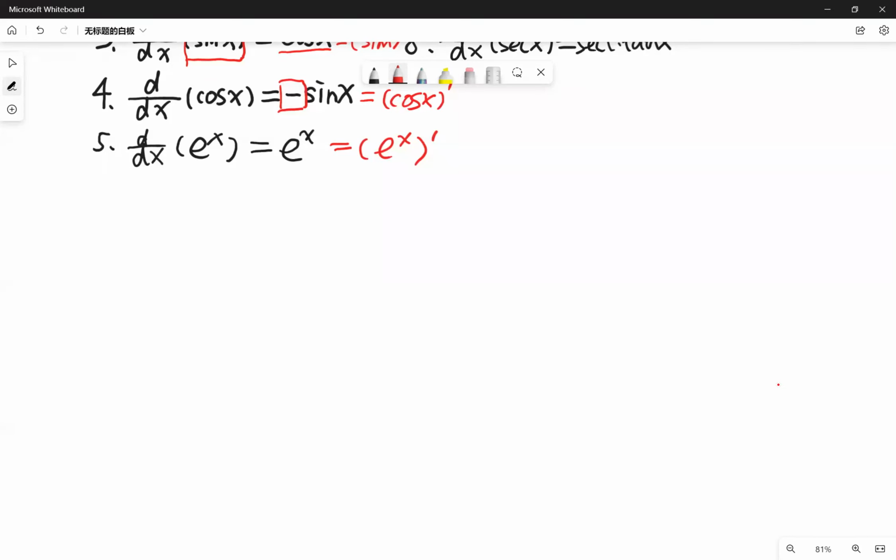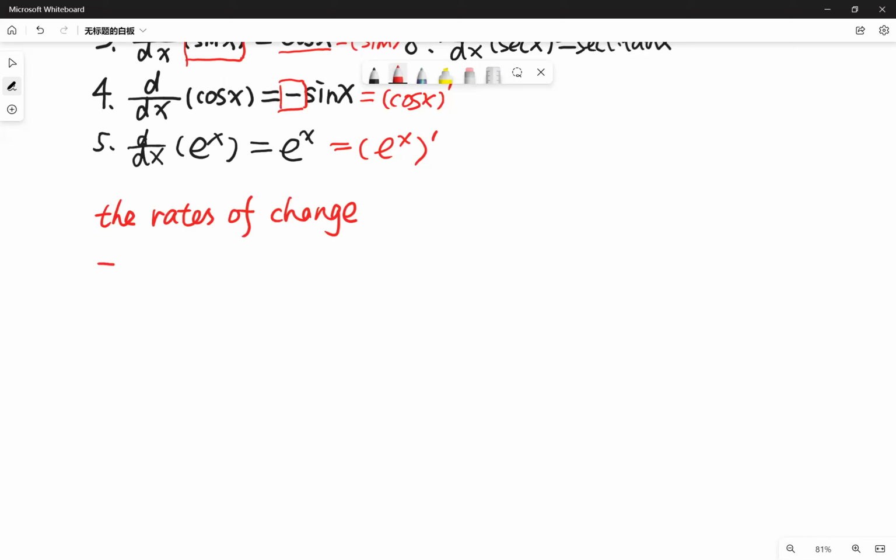The derivative of a function reflects the rate of change of a function. And let's go on to see the geometrical meaning of the derivative today.